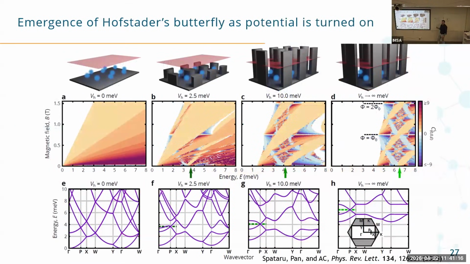Because I do not need a low energy approximation in my system, and I don't need to assume anything about gapless, I can talk about transitioning from a totally open system, a gapless unpatterned 2D electron gas, all the way up to an infinite potential where you'd expect the Hofstadter butterfly limit to be exact, and everything in between.